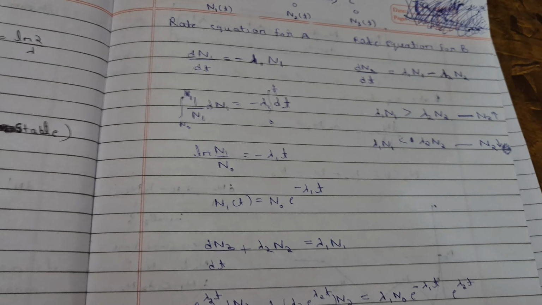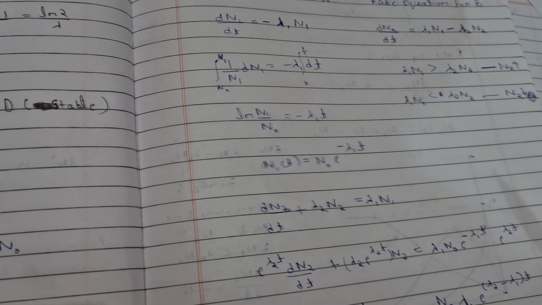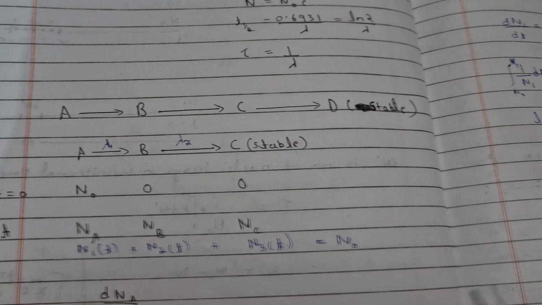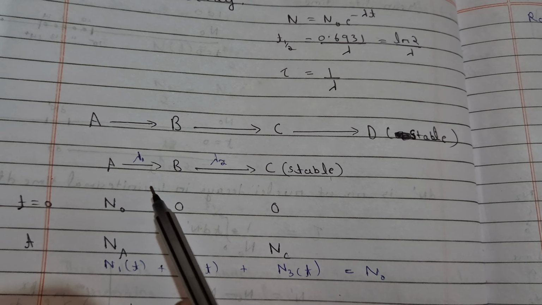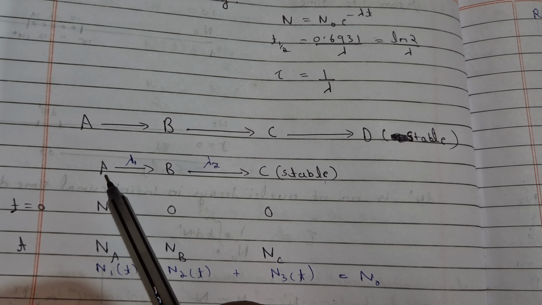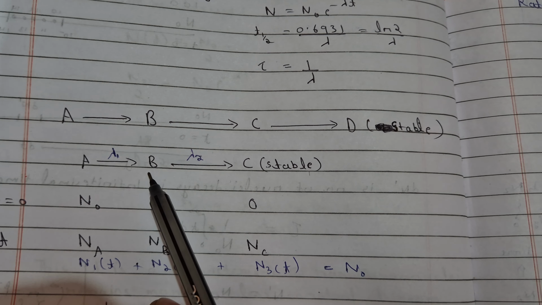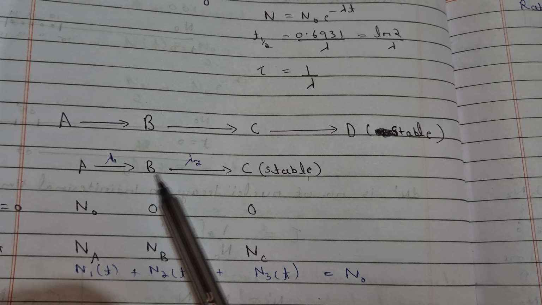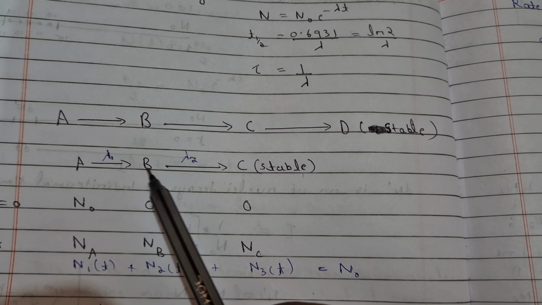So we know n1. Now the task is to find n2, that is, how B is changing with time. As A is disintegrating, each nucleus that disintegrates from A adds one nucleus to B, and at the same time B is disintegrating into C. So there are two factors, increasing and decreasing, in the B nuclei.